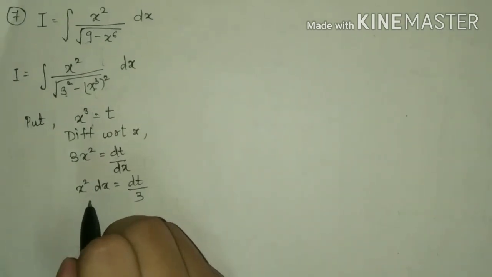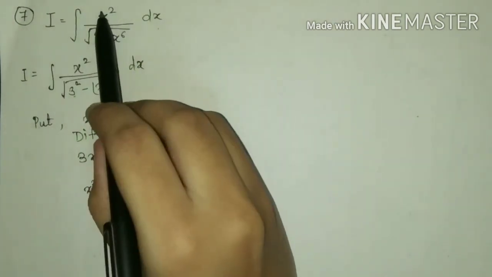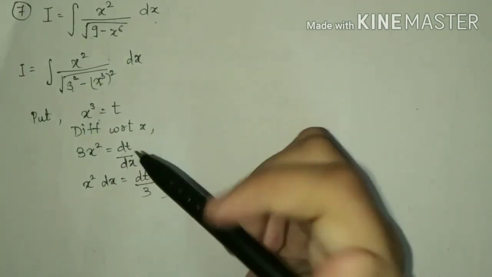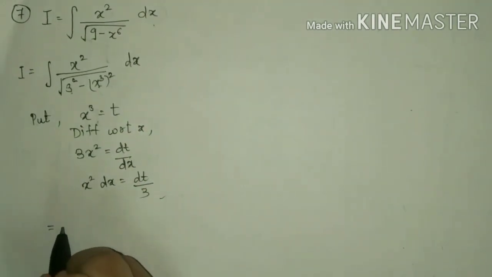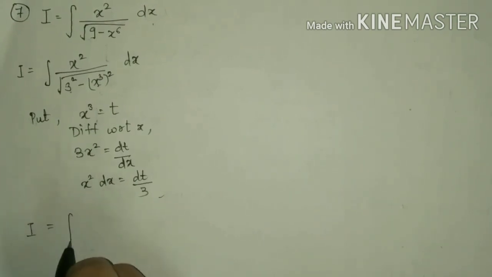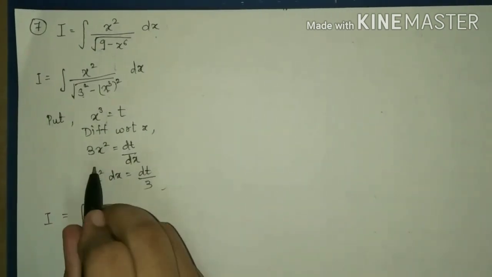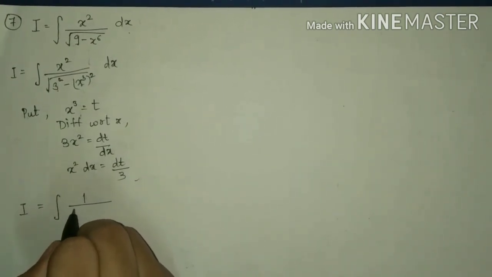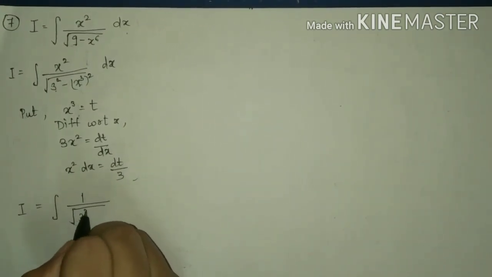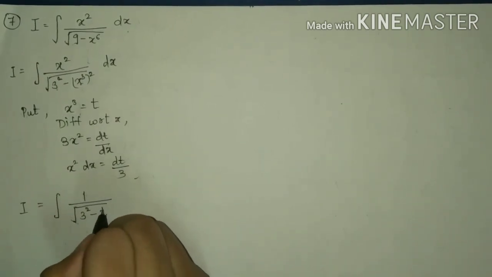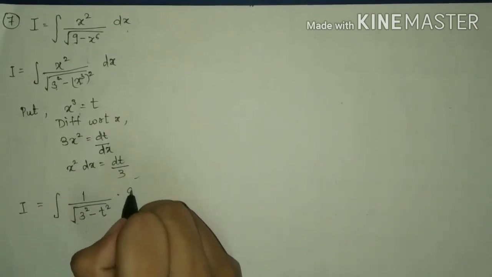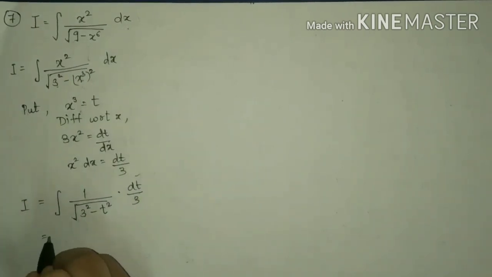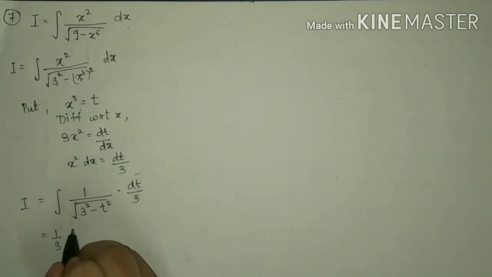We have this x square dx in our question, so just replace this x square dx with dt by 3 and the rest. Then I will be equal to, the x square dx part we will substitute, and further this will be 3 square minus t square into dt by 3. We have substituted. So 1 by 3, which is constant, we will take it out.